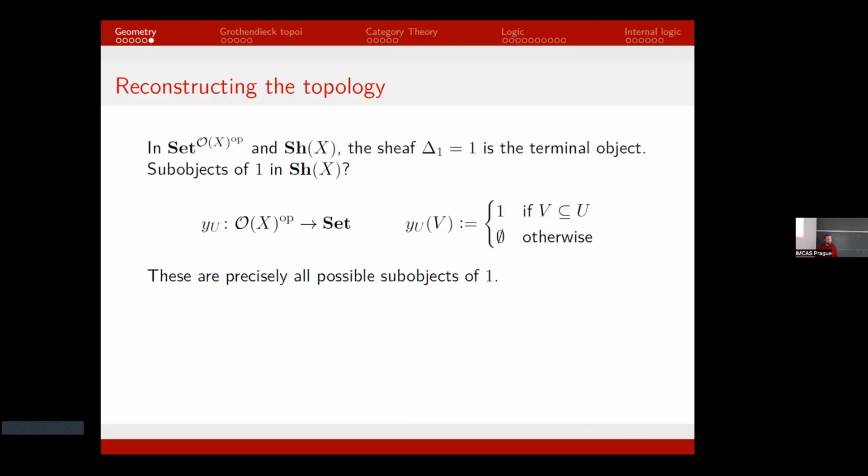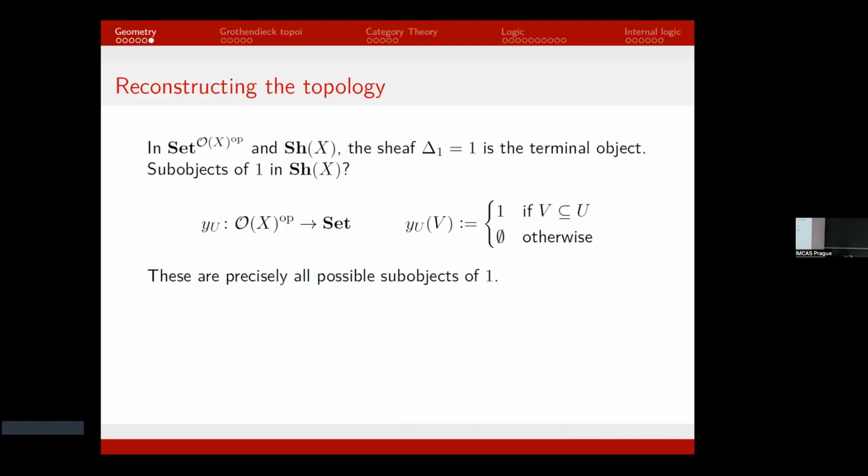If we now consider the subobjects of this one, we notice immediately that these are the presheaves defined as y(U), indexed for every U. y(U)(V) is 1 if and only if V is included in U, otherwise it's empty.